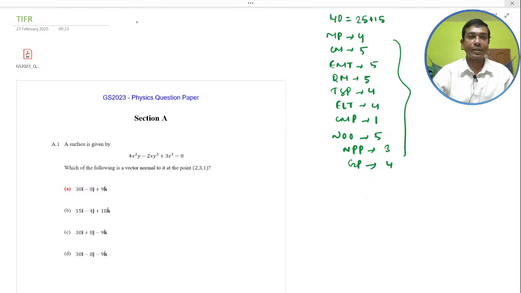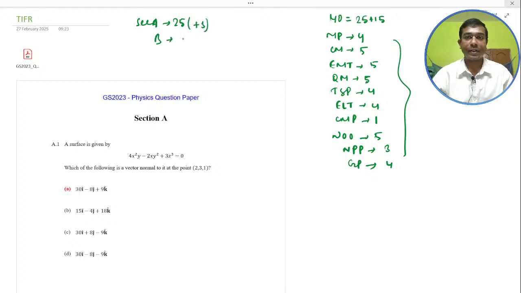And section A, the 25 questions, carries plus 3 each.